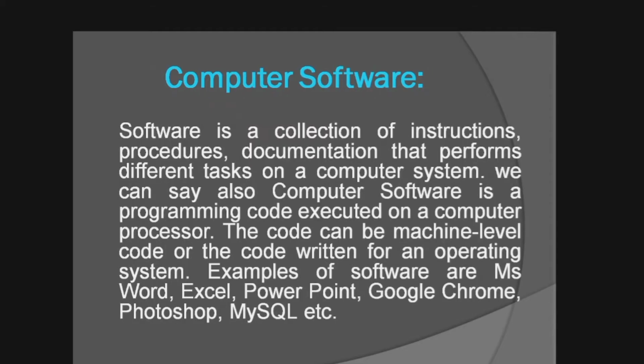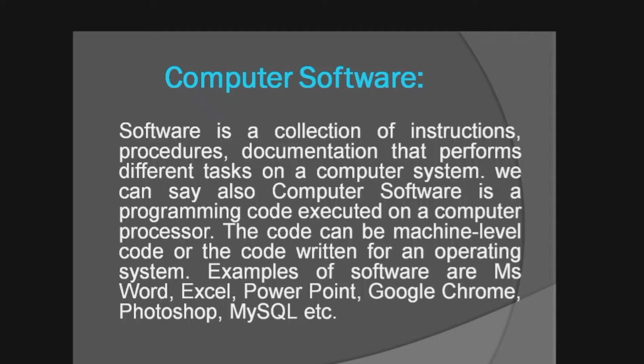The next is computer software. Software is a collection of instructions, procedures and documentation that perform different tasks on a computer system. We can also say computer software is programming code executed on a computer processor. The code can be machine-level code or code written for an operating system.